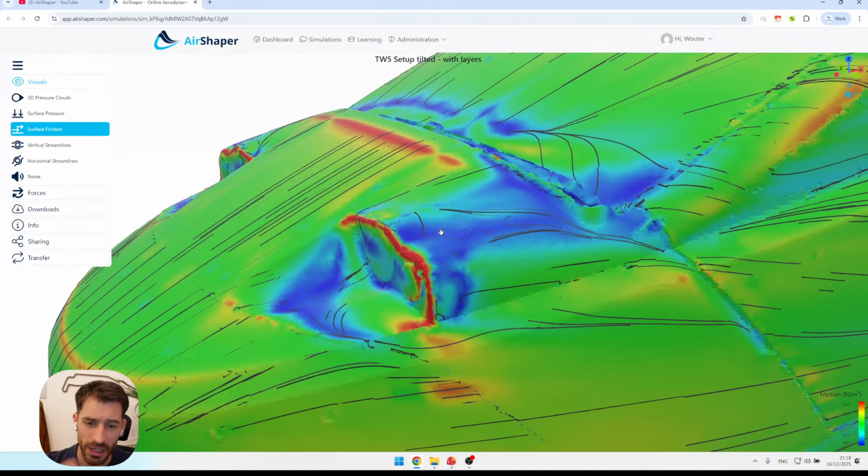Yes, that's true. But the friction component of your total drag on the car is just around 5 to 10% on a car, which means you may have reduced the 10% to 9.5%, but you have increased the other component of drag, which is the pressure drag, maybe by 5 or 10%.